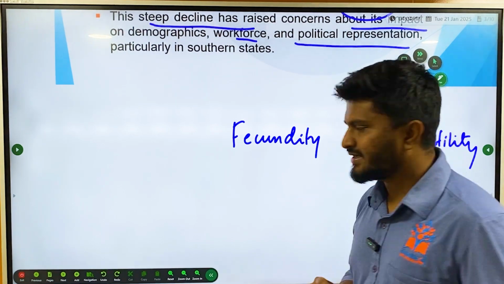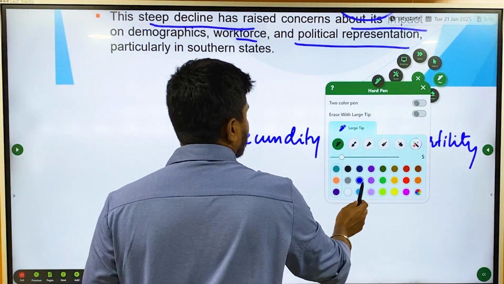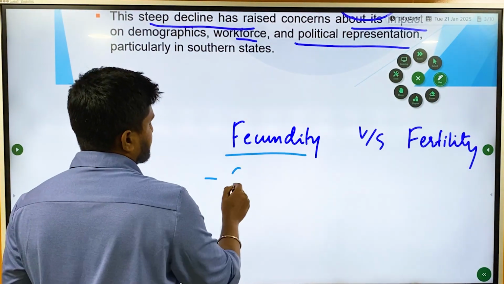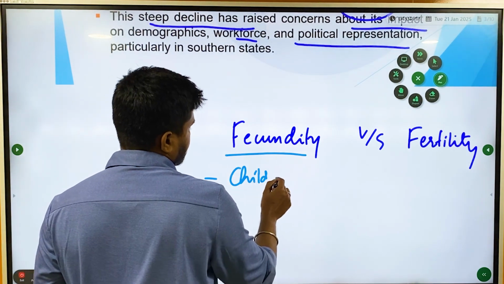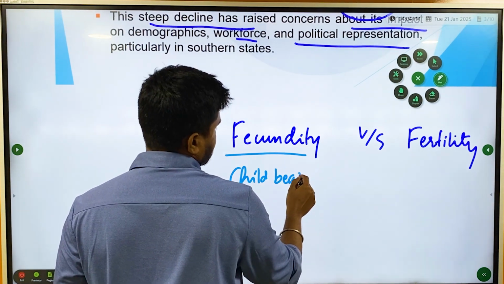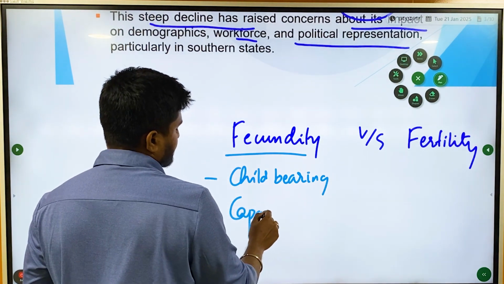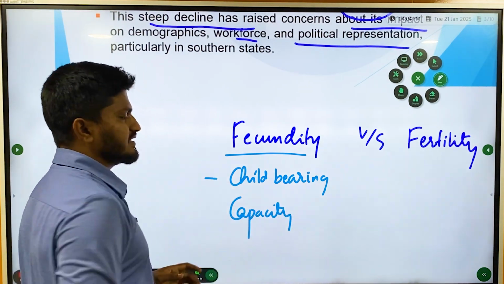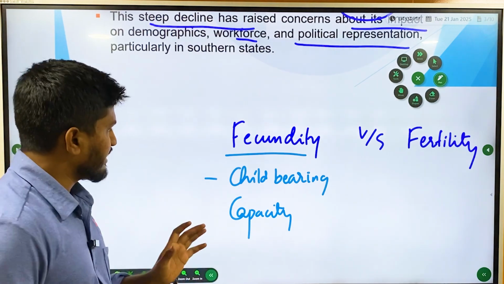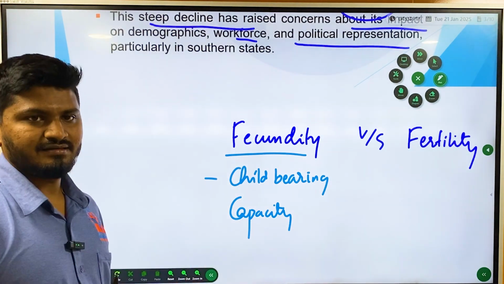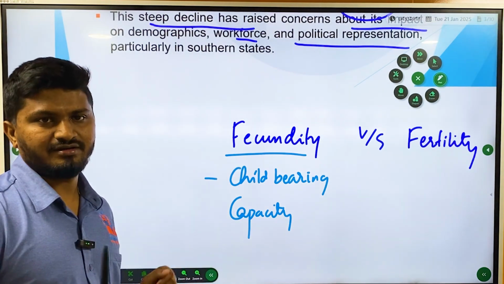What is fecundity? Fecundity is just childbearing capacity. There is no fecundity rate. If a woman is capable of bearing a child, then she is considered fecund.